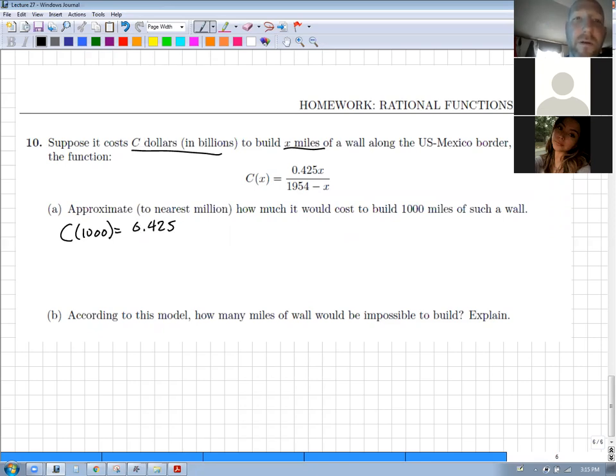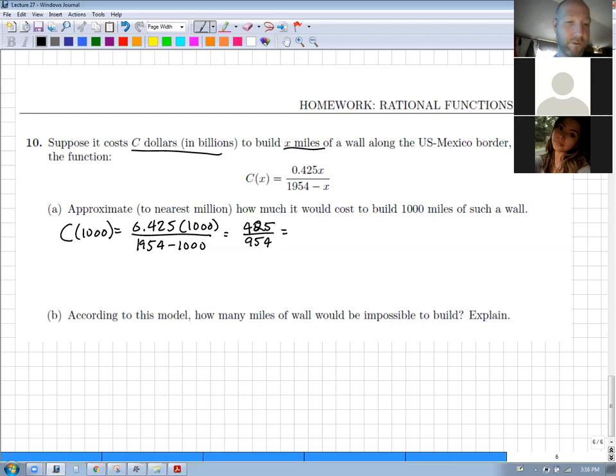0.425 times 1,000 over 1954 minus 1,000. So multiplying by 1,000 means move the decimal to the right 3 times. This is 425. 1954 minus 1,000 would be 954.